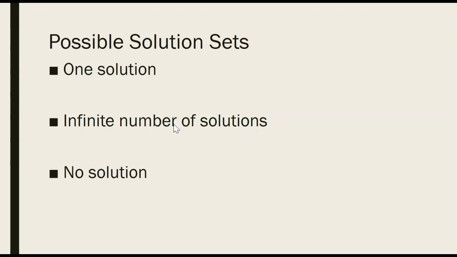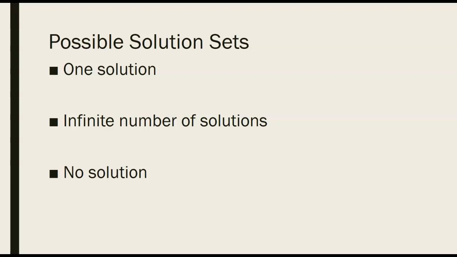So the infinite case, the infinite number of solutions, comes up, for instance, when we have two lines that are exactly on top of each other. So again, I'm thinking in the two-dimensional realm right now. If you have two lines that are right on top of each other, then you could end up with an infinite number of solutions. When you go into 3 and 4 dimensions, there are lots of different ways to get infinite numbers of solutions.